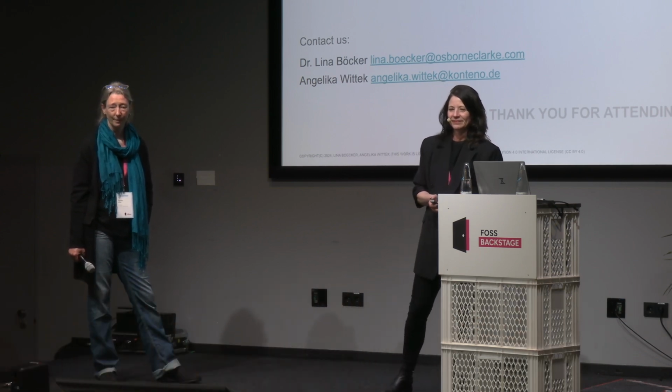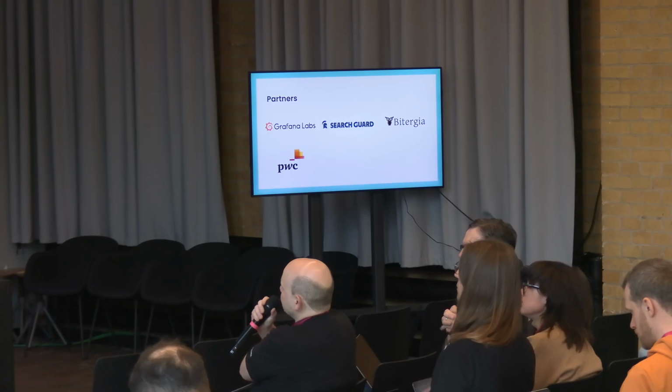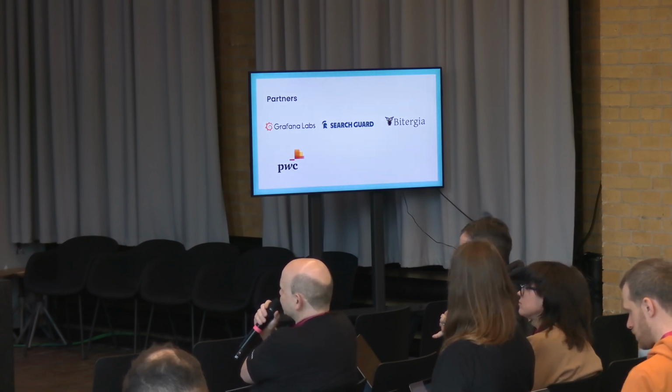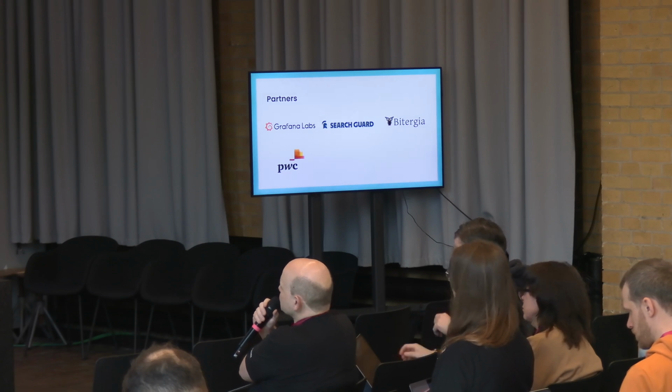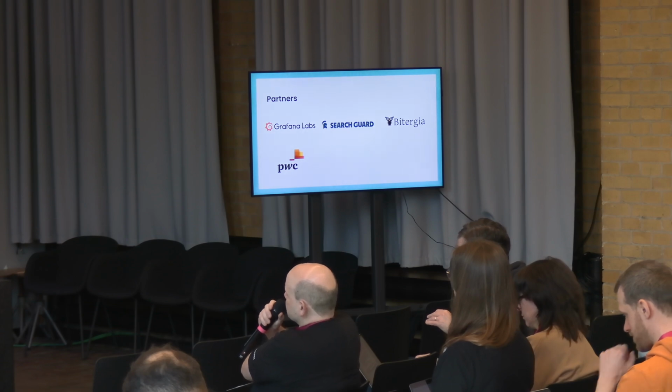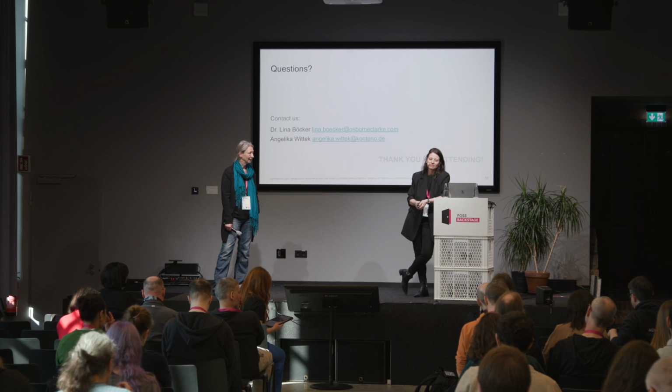Great talk. I'm from the Apache Software Foundation, and a member of the security committee. We had lots of discussions about the upcoming CRA and all the regulations. There is one thing you haven't covered, and maybe that's a good idea for next year's talk: SBOM and vulnerability exchange information.